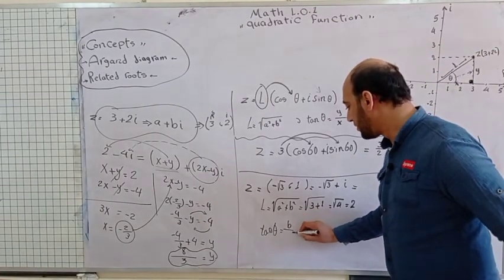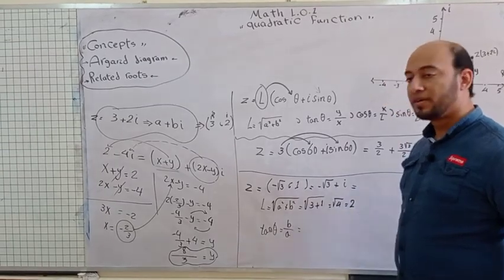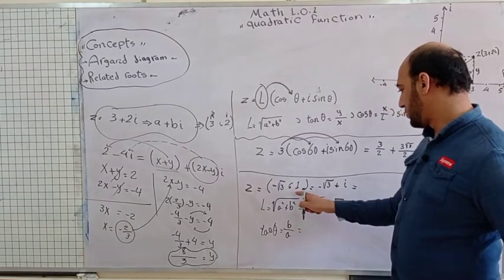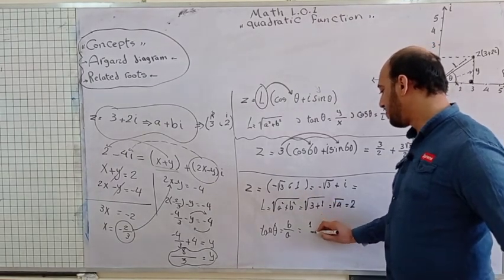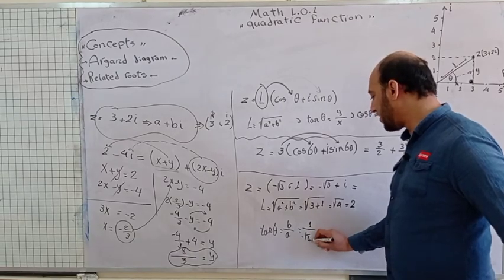Then b over a, the opposite side over the adjacent side. b here equals 1 and a equals minus root 3.